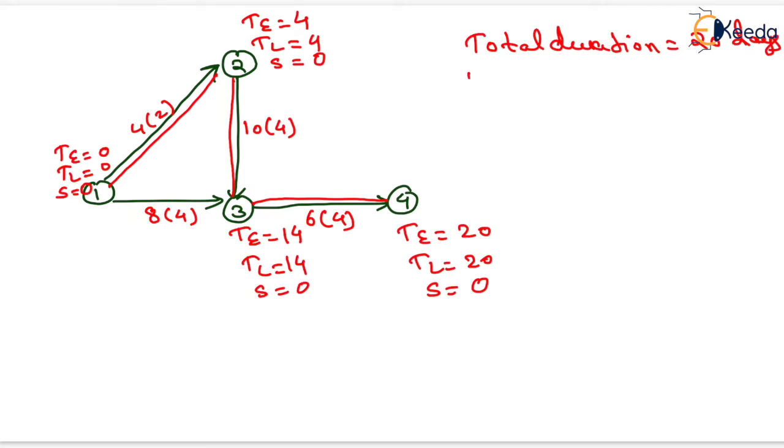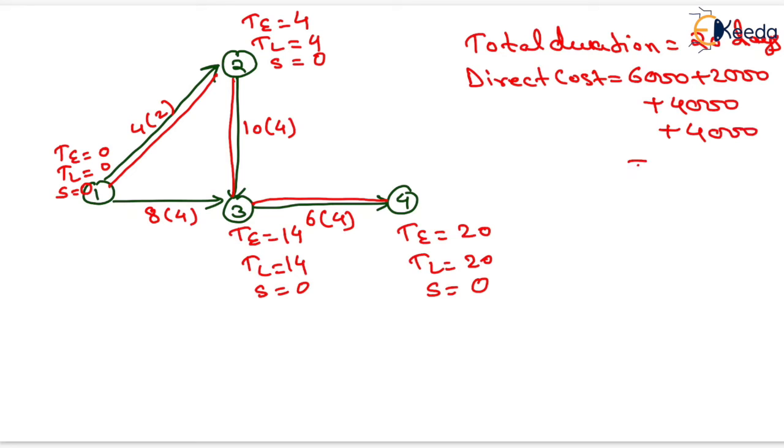Now direct cost will be the sum of all the direct cost, so it will be equals to 6000 plus 2000 plus 4000 plus 4000, and the sum of this will be equals to 16,000. That will be the direct cost. Now we have to find the value of indirect cost.